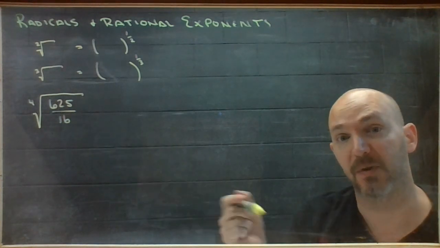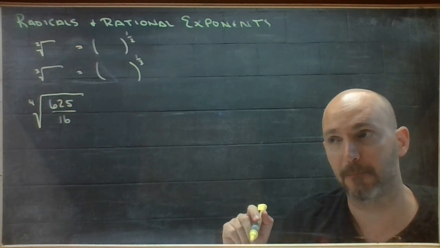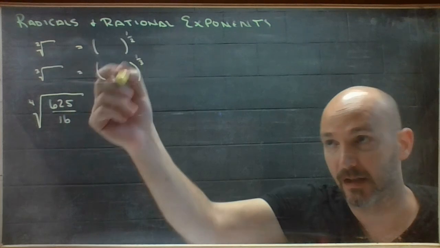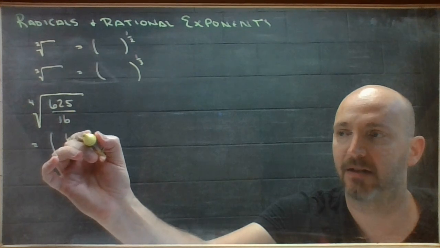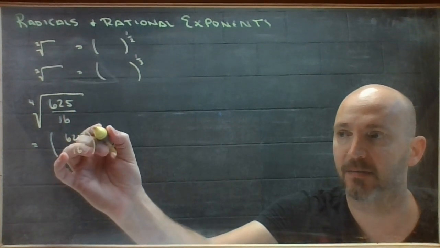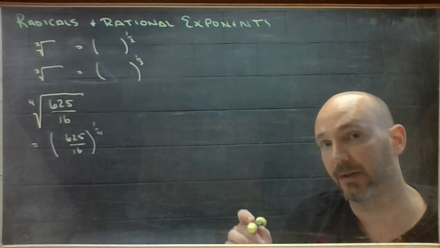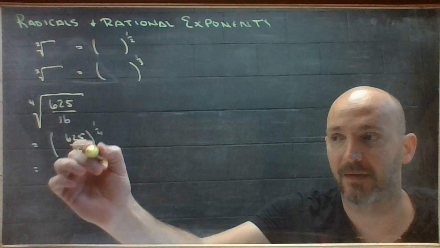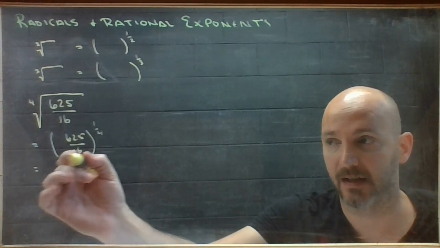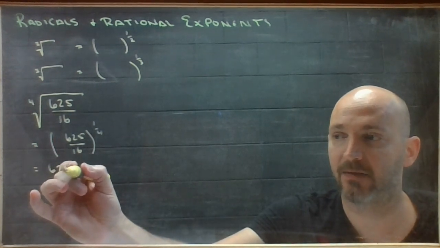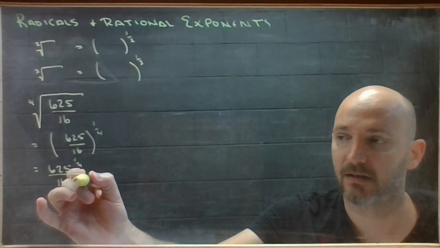We've got just numbers in here, trying to take the fourth root of 625 over 16. Well, using this change, that's just 625 over 16 to the exponent 1/4. Just like in all the other exponent laws, if you have a thing in a bracket with an exponent outside, that exponent applies to everything inside. So I'm going to have a 625 to the 1/4, over top of a 16 to the 1/4.